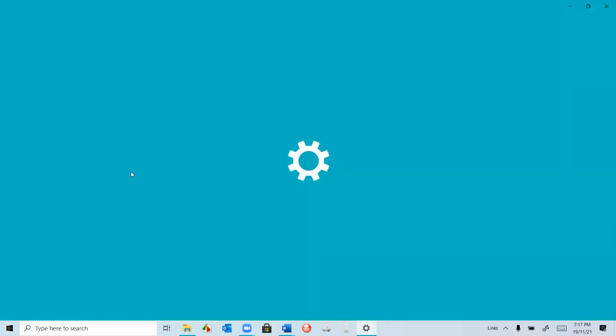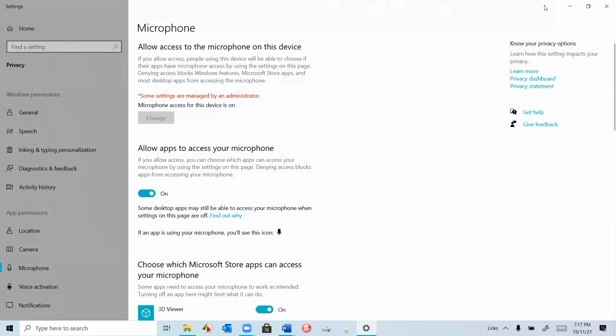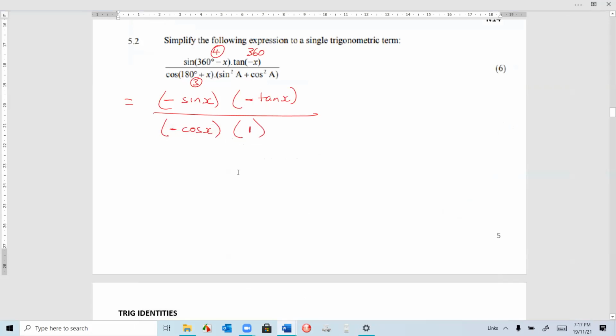So working with this, remember that we now have a minus sine x and a minus cos x. We can actually cancel that off. A negative and a negative can cancel off for us. So we've got sine x all over cos x. And remember that tan is actually sine x over cos x.